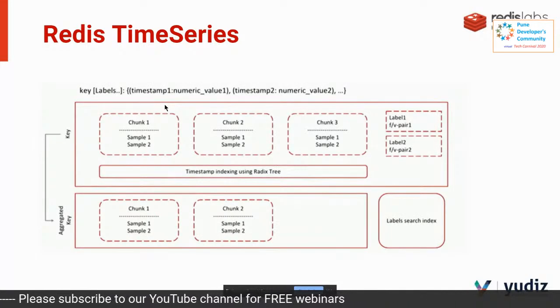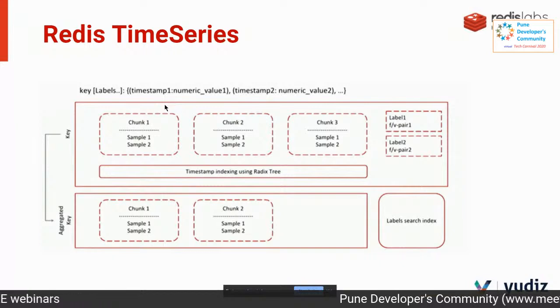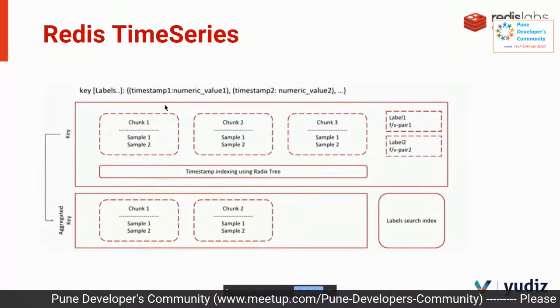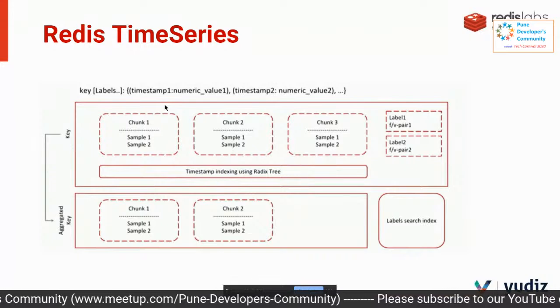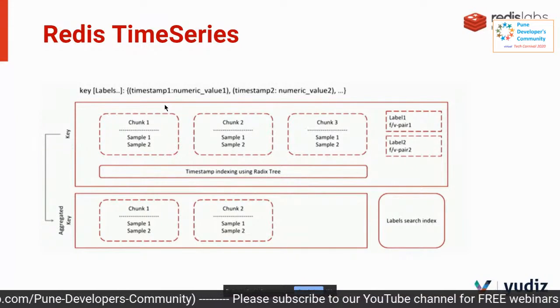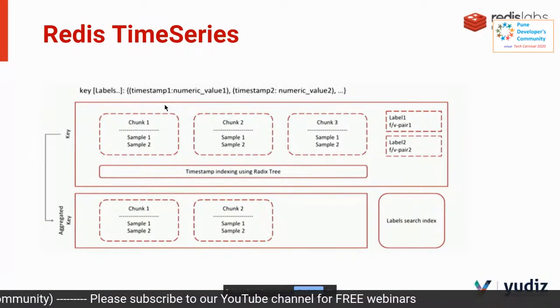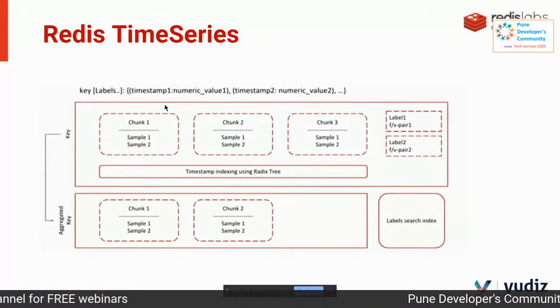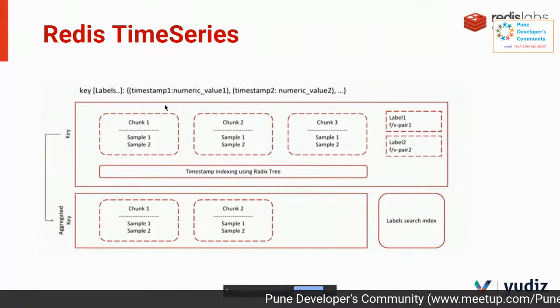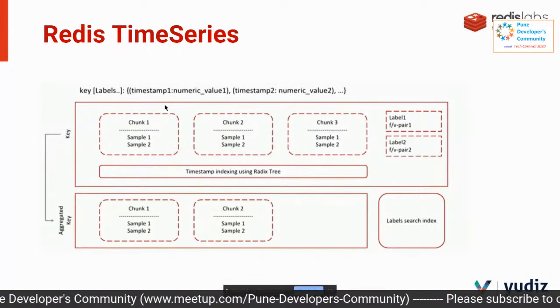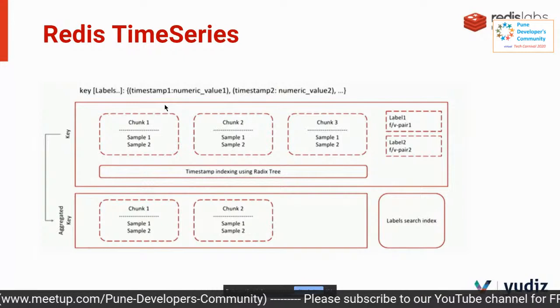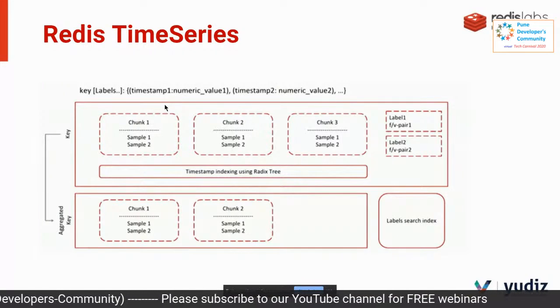This is how the Redis time series module stores data. You can create a key which has labels. Labels can contain the data you need as field value pairs, and those labels are not repeated across the whole data. They're just stored once and used, so they do not take up much memory space.